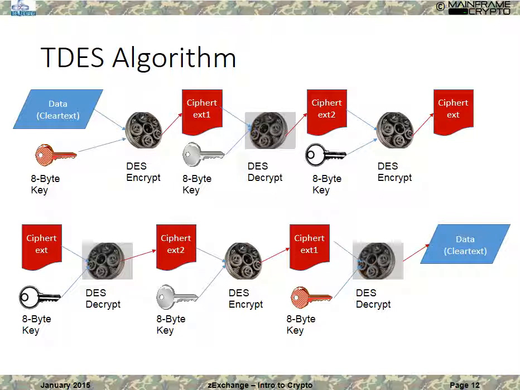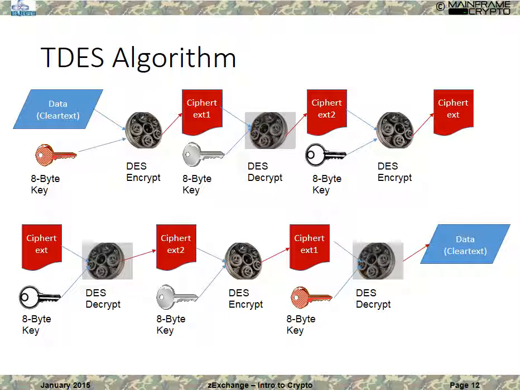You take the output of that operation and now you reverse the first step. You perform a DES decrypt with the first 8-byte key, and that brings you back your original clear text data. So that's considered much stronger than DES encryption, and you should not be using DES today. You should be using triple DES.